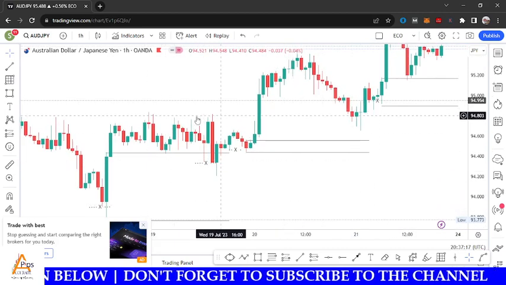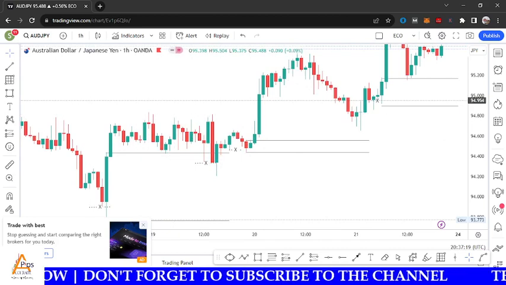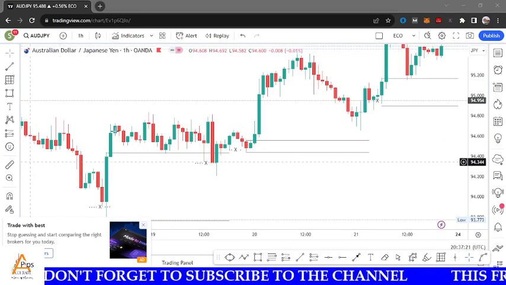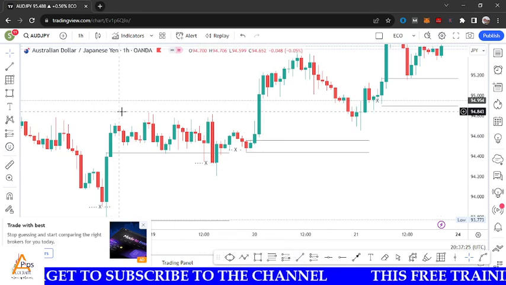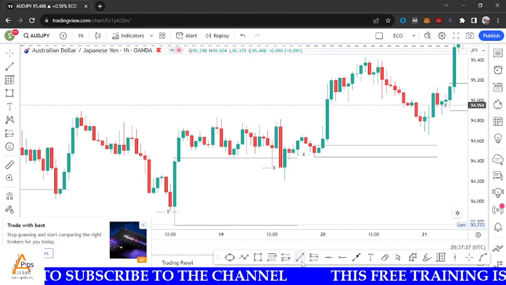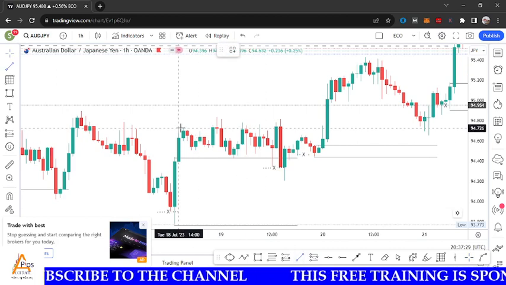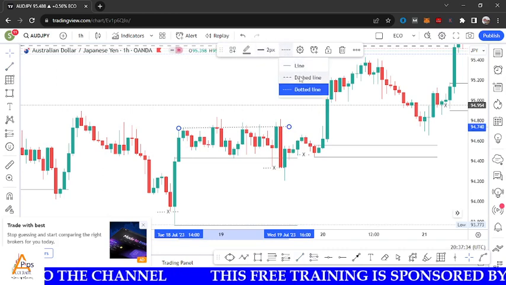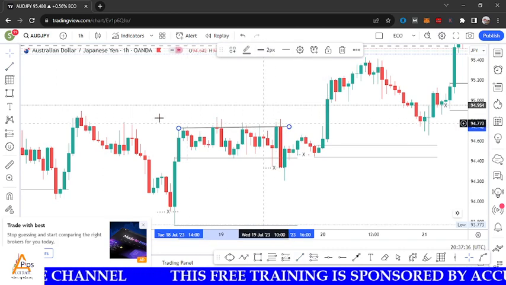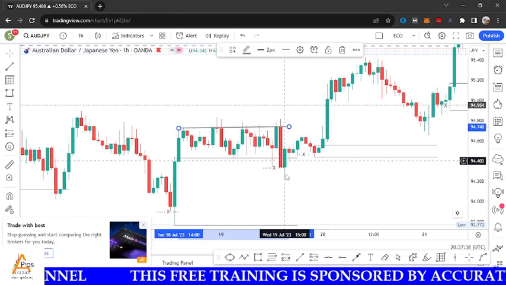You see this area, retailers will see it as support and resistance. I'm trying to mark this. Retailers will see this area as resistance, so they'll start selling.